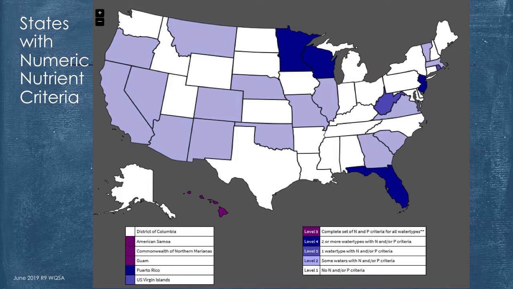So you make California look good, but besides them, California is pretty white. Hawaii and all the territories have numeric criteria for all their water bodies in their state. They were done like in the 70s, a reference-based approach, and now they're having trouble meeting them.